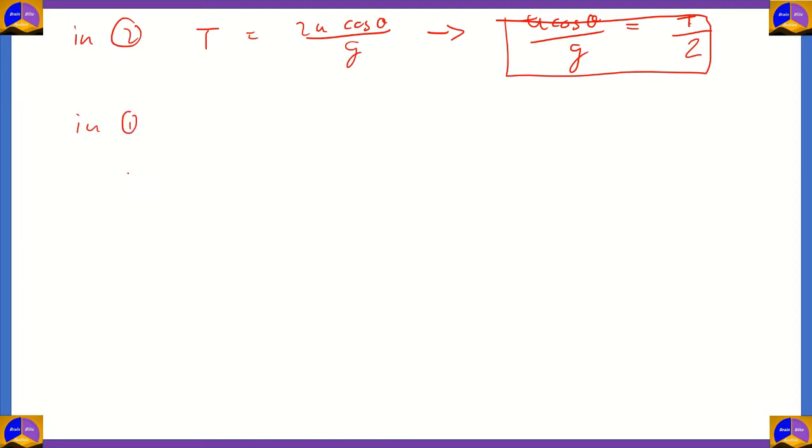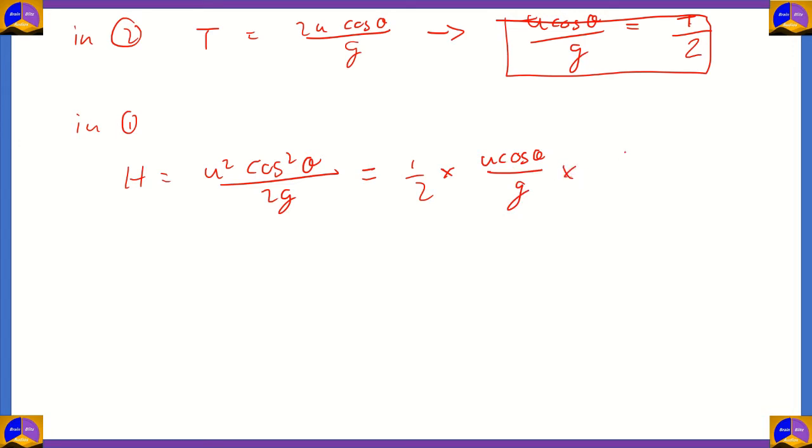So in equation 1, h is equal to u square cos square theta divided by 2g. We can write this as half times u cos theta by g. Now we have a u cos theta left. So in order to make it similar to t by 2, we'll be multiplying and dividing by g.